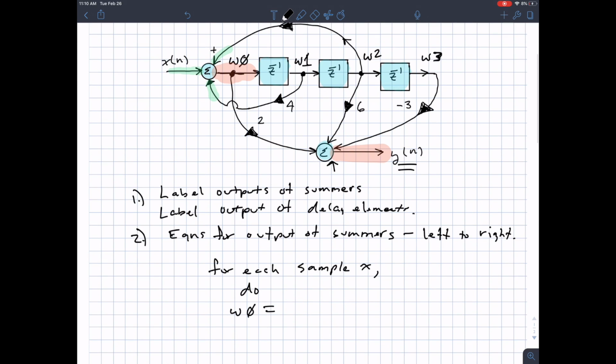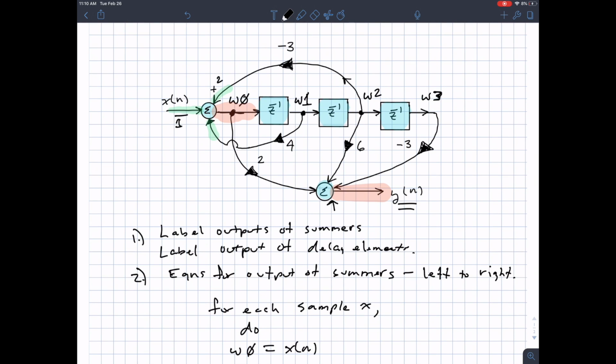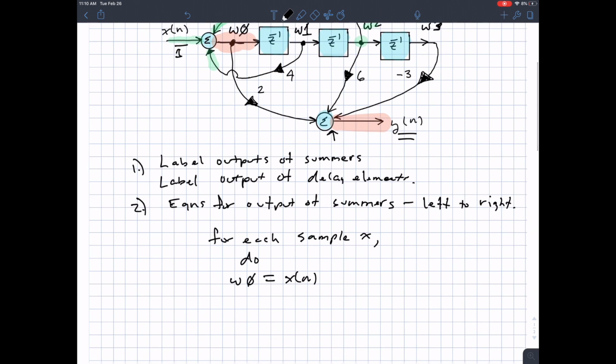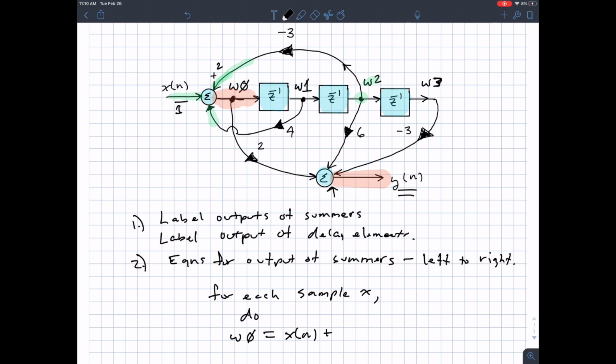W0 is equal to, so first of all, we have x of n, and then second of all, we see that this green line here connects from the point W2. It's connected at that point. So this would be plus, we look at the coefficient along the way.